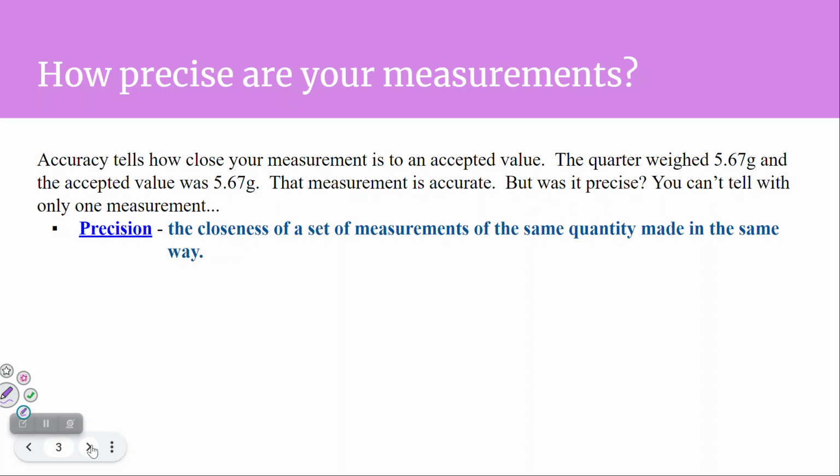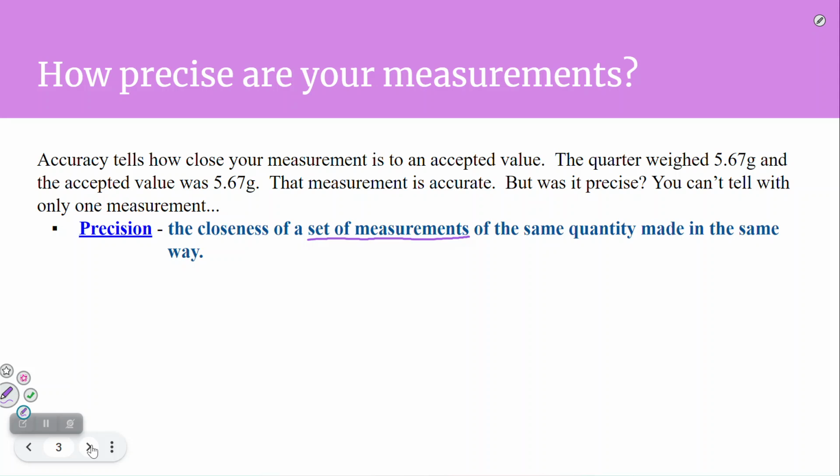With precision, it's kind of interesting that you can't tell precision if you only have one measurement. You need at least 3 or more measurements made with the same measuring tool repetitively in order to determine the precision of a measurement. So precision is the closeness of a set of measurements of the same quantity made in the same way.